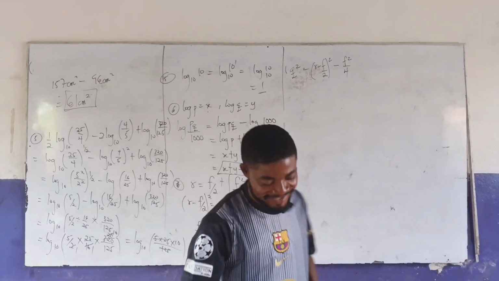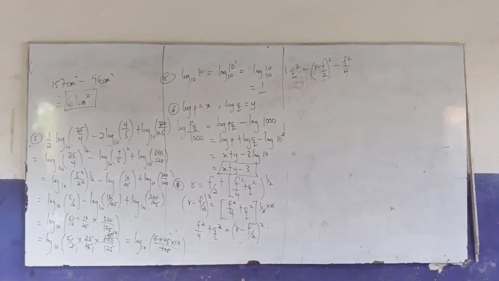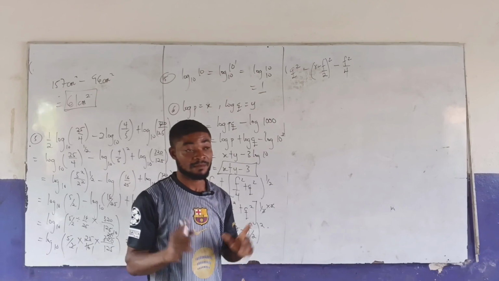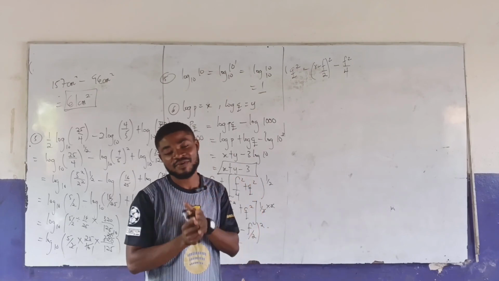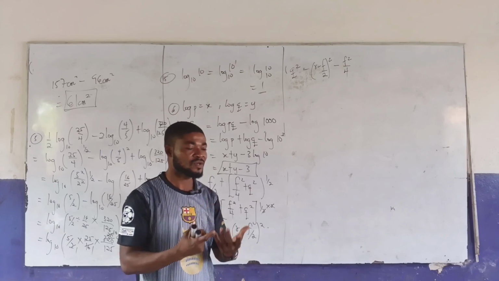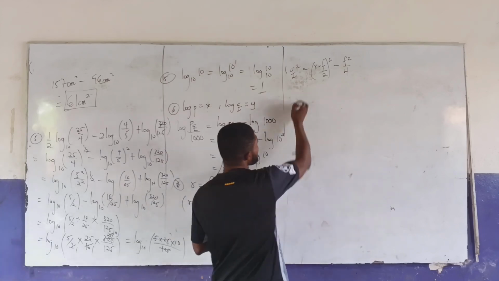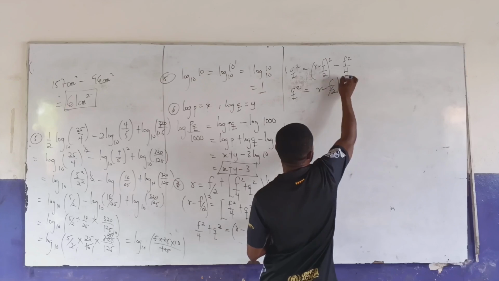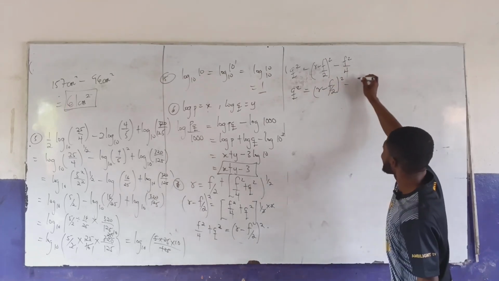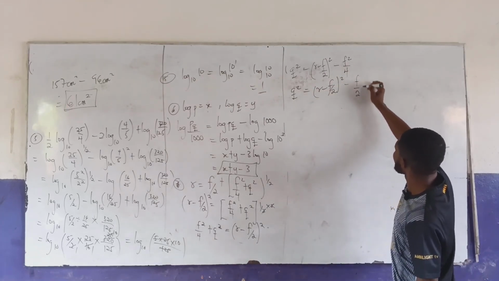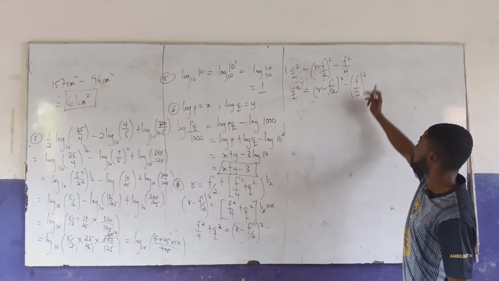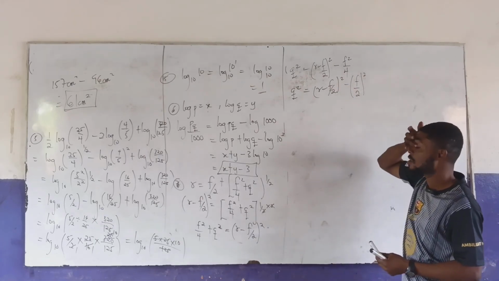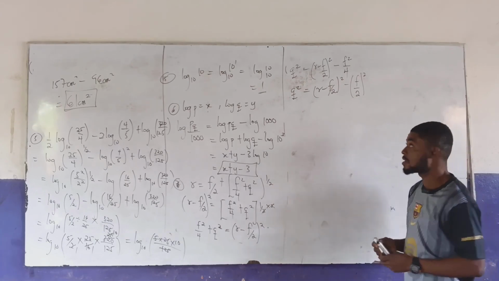Now from here we are going to perform some magic. I can see perfect squares on the board. F squared is a perfect square, 4 is a perfect square, and so it would be appropriate if I try to express this as F on 2 all squared, which is F squared on 2 squared. 2 squared is 4, and so F on 2 all squared is the same as F squared on 4.